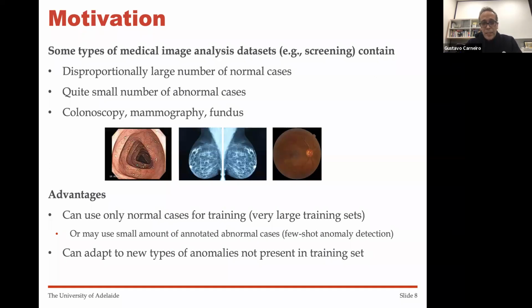Another big advantage is that you don't need to have all possible types of anomalies to be able to train, for example, a few-shot anomaly detection system, or you might as well not have any anomalous sample at all. But the system should be able to adapt to any new types of anomalies that are not present in the training set.